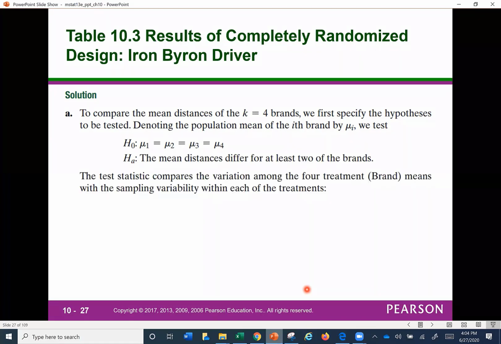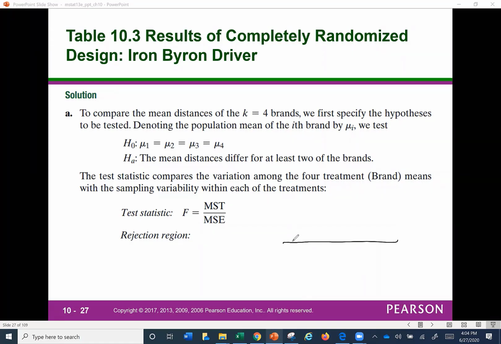The test statistic compares the variation among the 4 treatment means with the sampling variability within each treatment, and that is F, obtained from my ANOVA table. My test statistic is F, and this test statistic was 43 point something. The F distribution is obtained when we select several samples of the same population, or populations with the same mean, and we compute the F statistic using the ANOVA table.